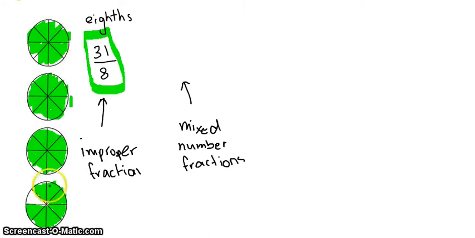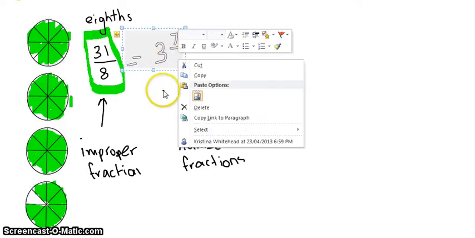If we look at this picture, which represents the 31/8, we have a certain number of wholes. We have 1 whole, 2 wholes, and 3 wholes. So 31/8 represents 3 wholes, which we just write as the number 3, and 1, 2, 3, 4, 5, 6, 7 eighths left over.